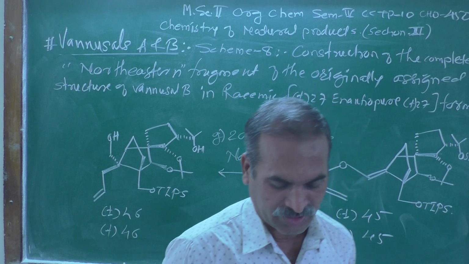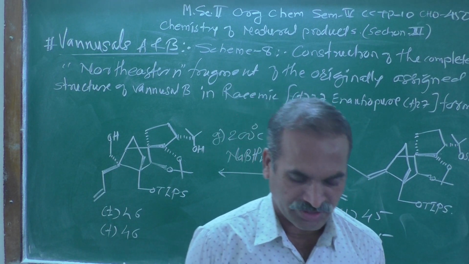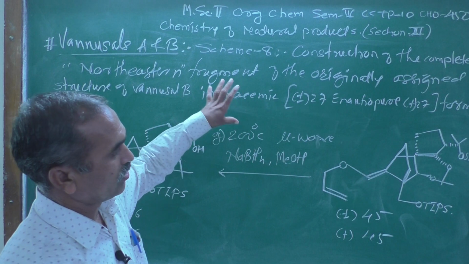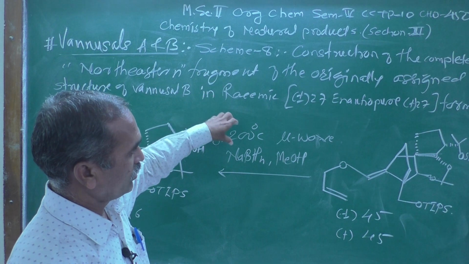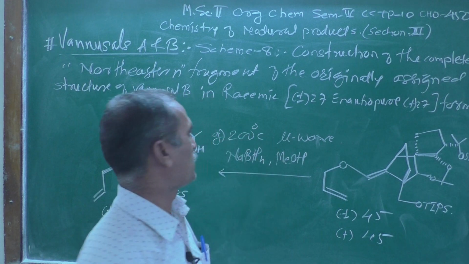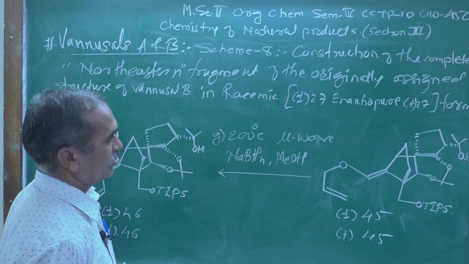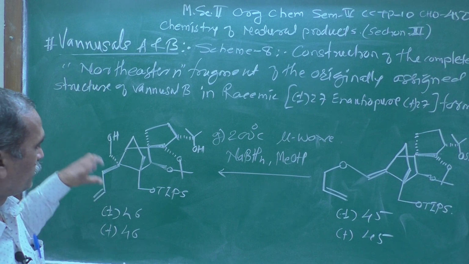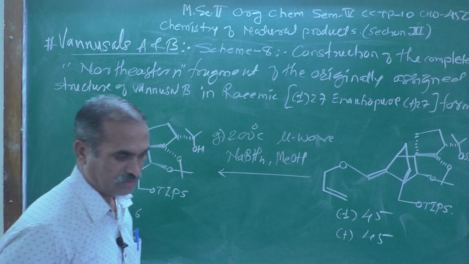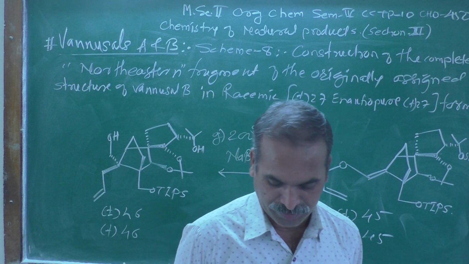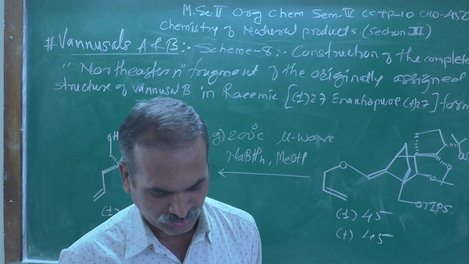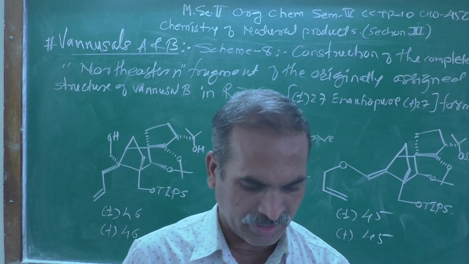We got this in this particular reaction: we treated this compound with these reagents and achieved compound number 46 as a racemic mixture, and we can separate the dextrorotatory compound separately.